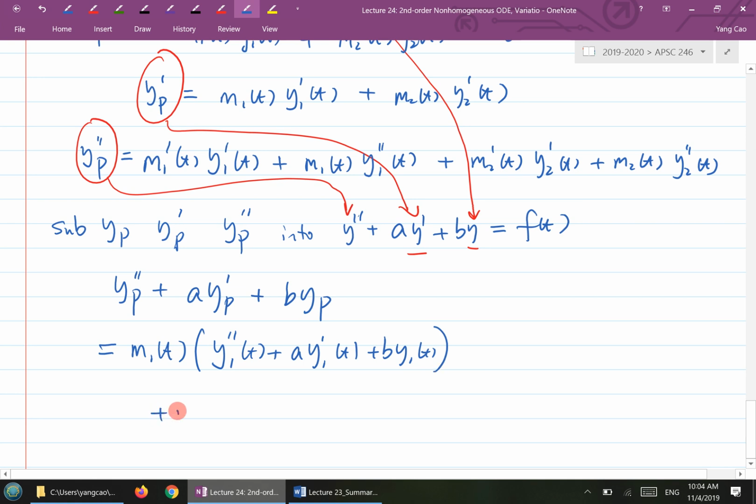Another one is M2 of T times Y2 double prime plus A Y2 prime and BY2.